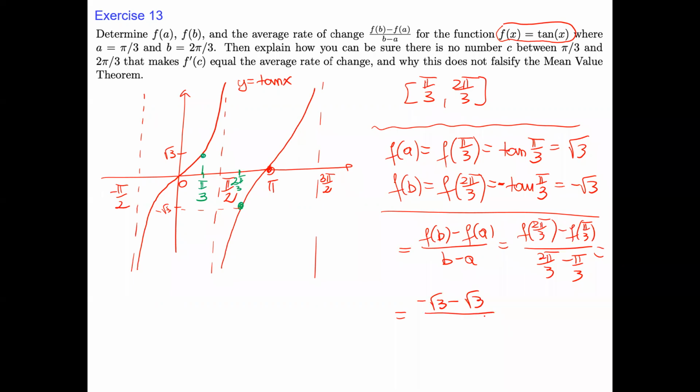And the denominator is just pi over 3. So we get negative 2 times 3, negative 6 square root of 3 over pi. We're getting a negative number.